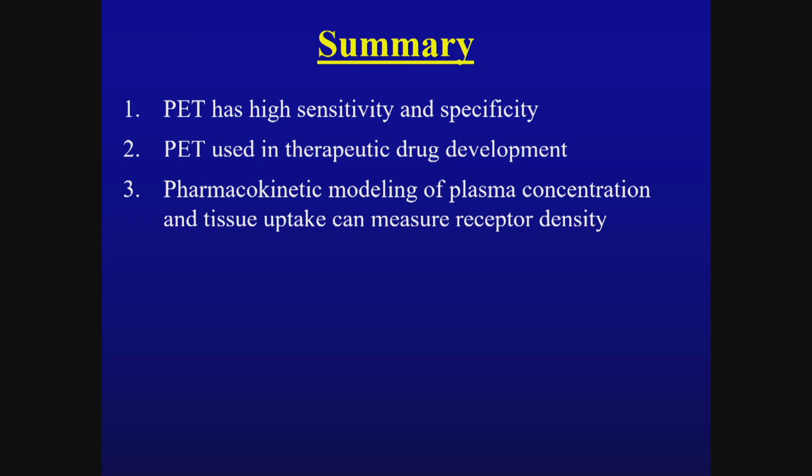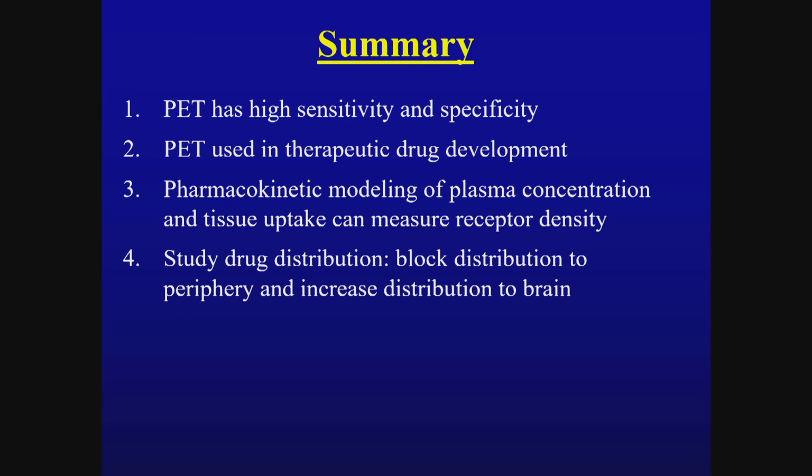Pharmacokinetic modeling of PET radioligands involves simultaneously knowing the concentration of the drug over time in the plasma as well as in the tissue. And having both of those together, a pharmacokinetic measure and the very first of the pharmacodynamic measures, you can, in combination with that, find out the density of the target site of the receptor in the tissue of interest.